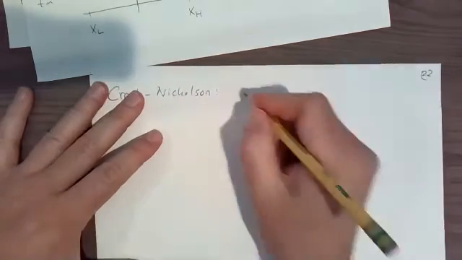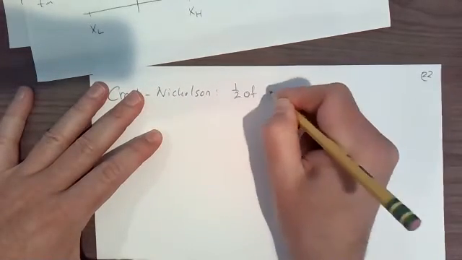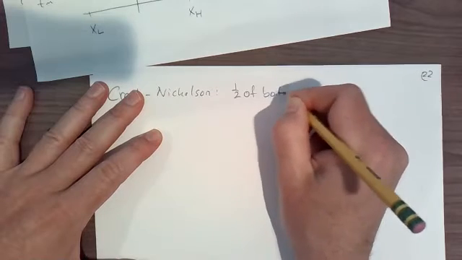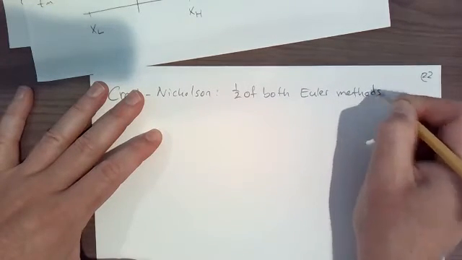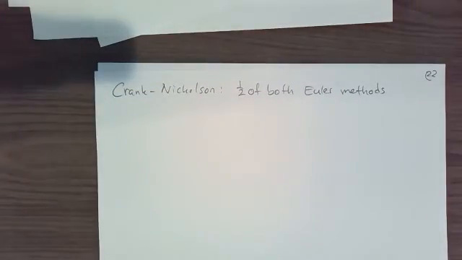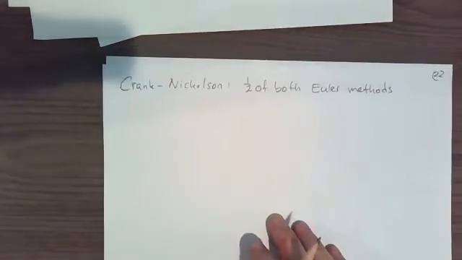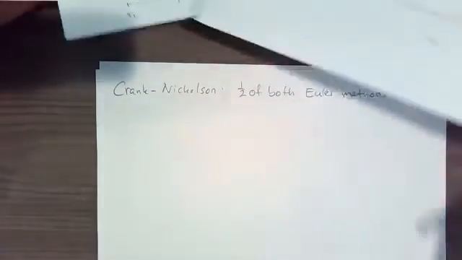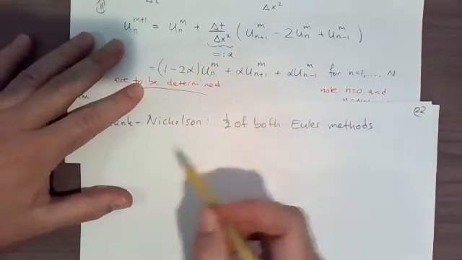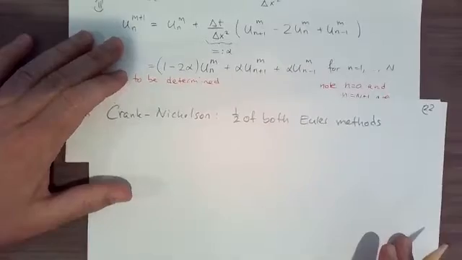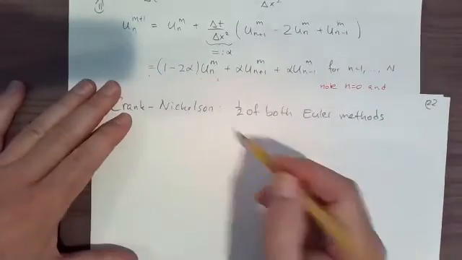This is half of both Euler methods. So you look at the explicit method, that's the one we have here. You're going to do half of that, and you're going to do half of the other one.